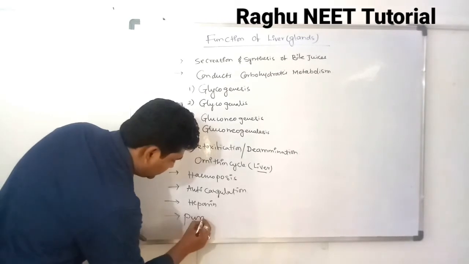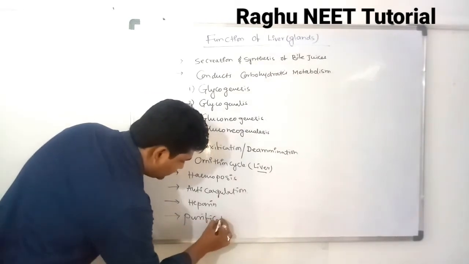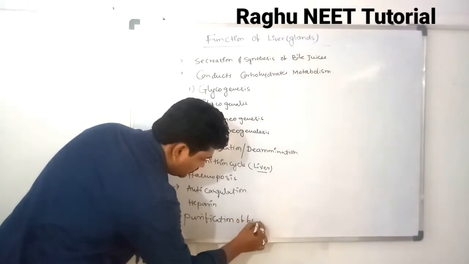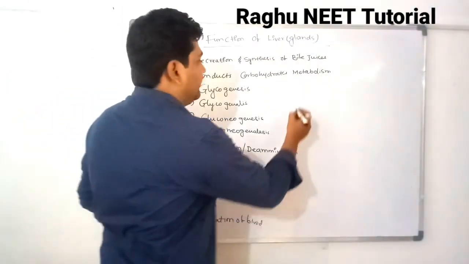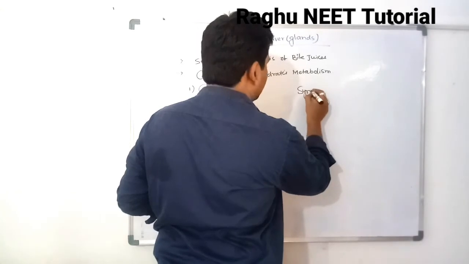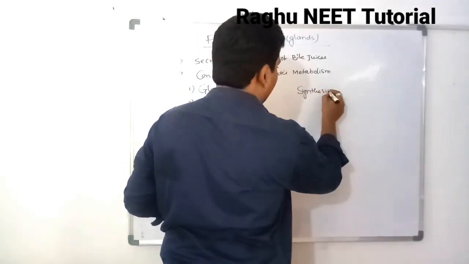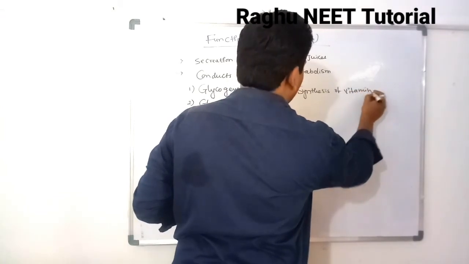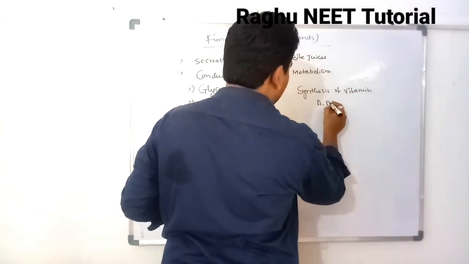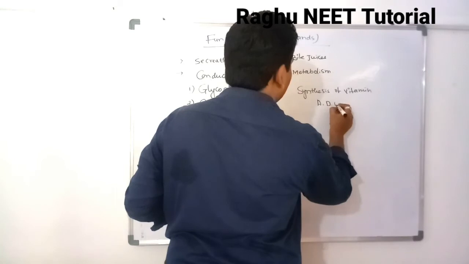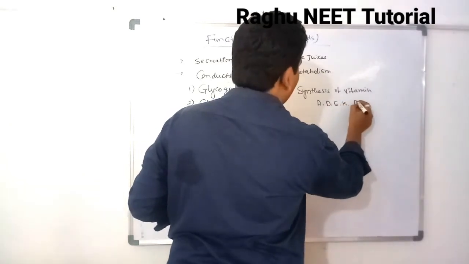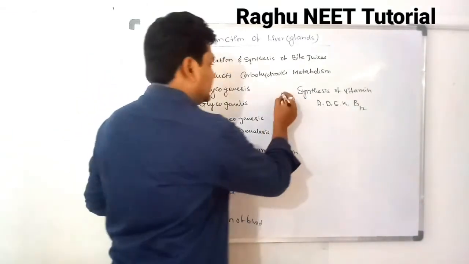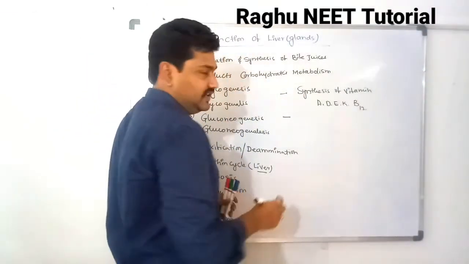Purification of the blood. The synthesis of vitamins like A, D, E, K and vitamin B12. It acts like a thermoreceptor.